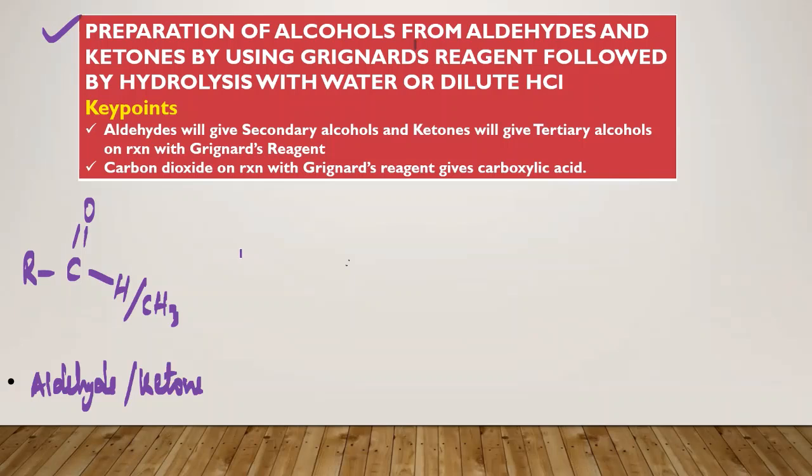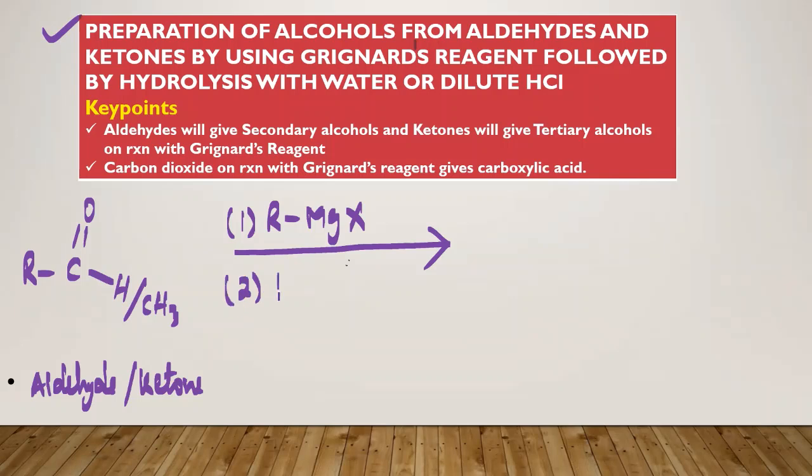So what we are going to do with this, try to understand. It's a two-step reaction. In the first step, we'll be using Grignard's reagent, RMgX. So we are treating aldehyde or ketone with Grignard's reagent in one step. And in the second step, we will do the hydrolysis by using water, or you can use dilute HCl as well.